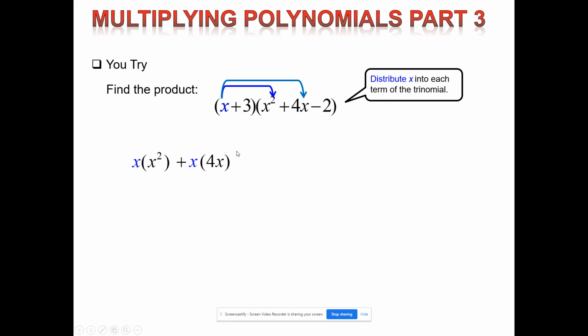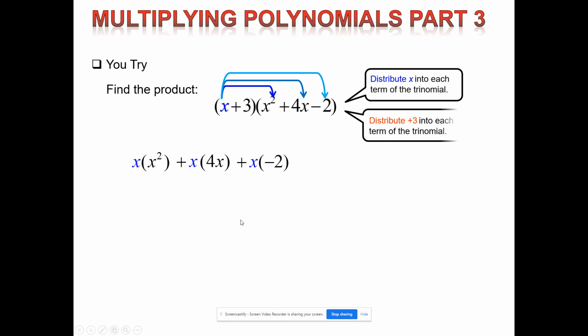Distribute it there to the 4x, and then distribute it there to the minus 2. Next step is to distribute the 3. So first to the x squared, then to the 4x, then to the minus 2.